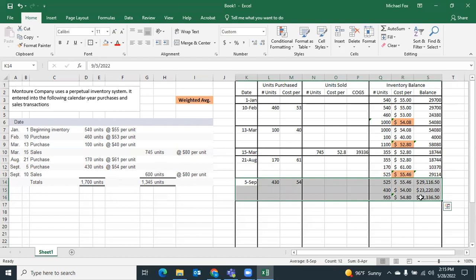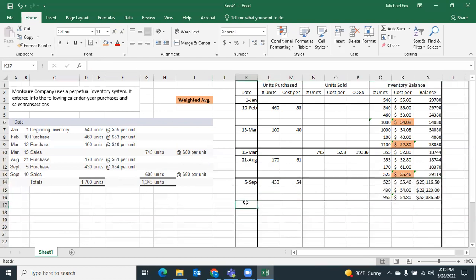So then when we have our sale on September 10th, we're going to sell 600 units at an average cost of $54.80, which is going to give us a cost of goods sold of $32,880.